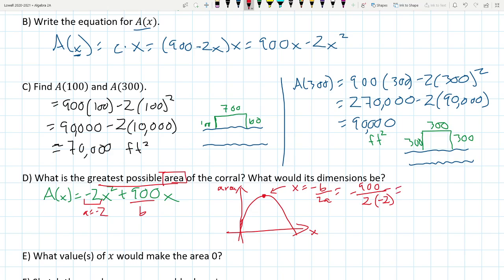That's going to happen at 900 over 4, which I believe is 225. That is just x, the x-coordinate of the vertex. To find the area, we would just need to plug that x value in. And so that would mean A of 225.